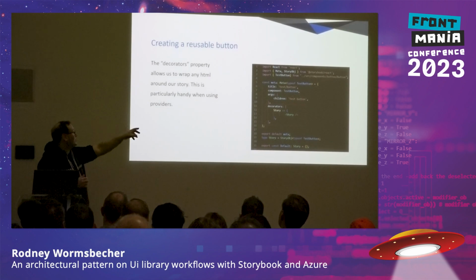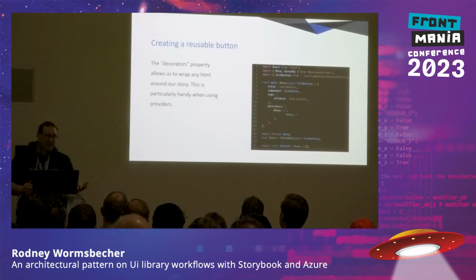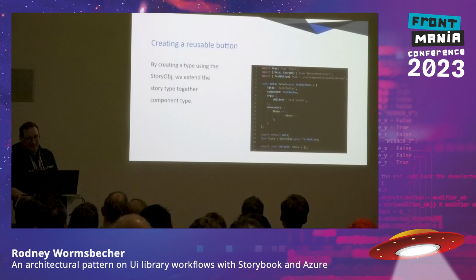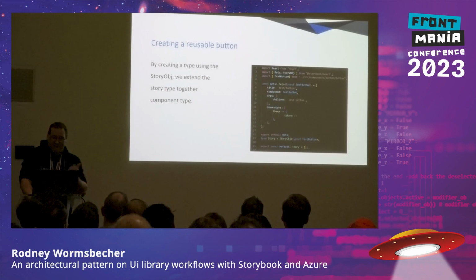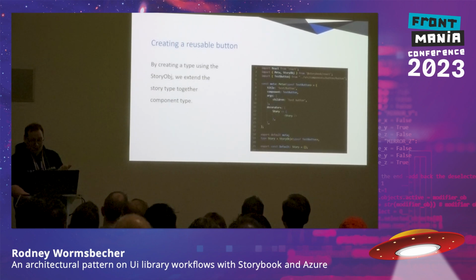So basically, you can put HTML around it, or what's a lot better to use it for is providers, like routers, Redux providers, something like that. So there you can put anything around it. Last but not least, we need to have a type again. So we use the story object to type it back, and we export it as a default as a story.